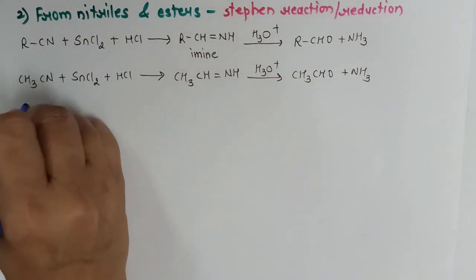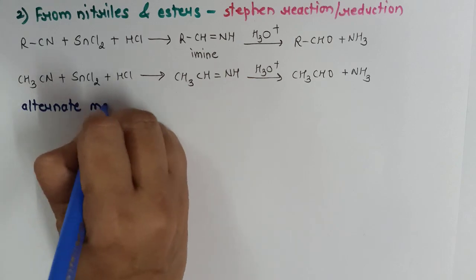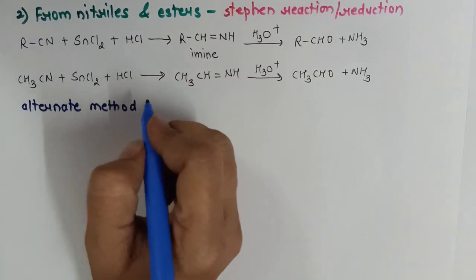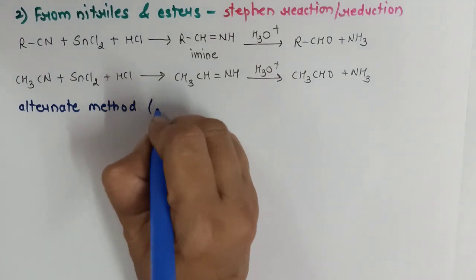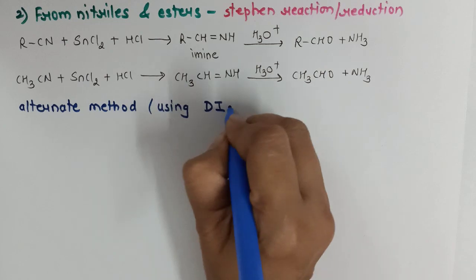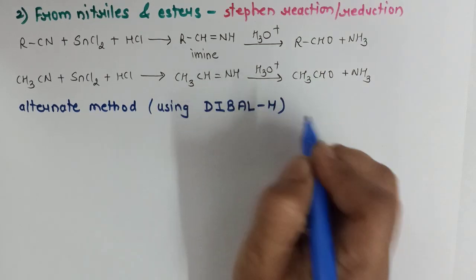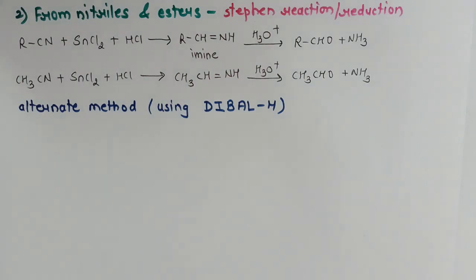But there is an alternate method also to convert cyanide to aldehyde, and that is by using diisobutyl aluminum hydride, commonly called DIBAL-H.